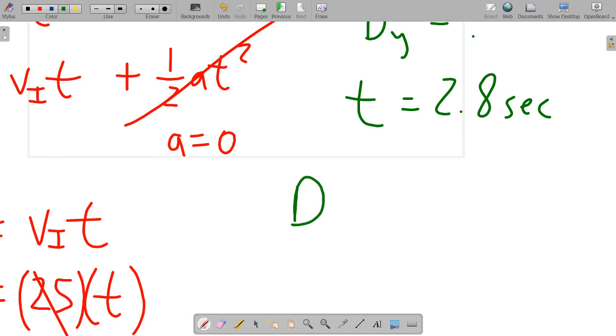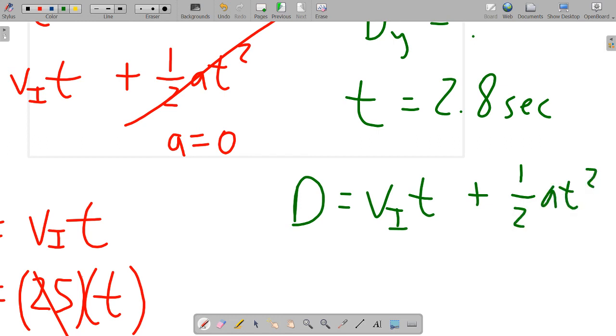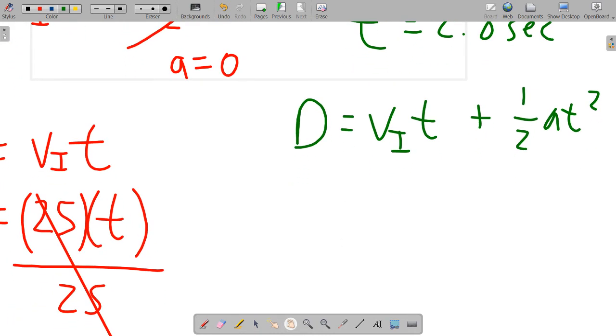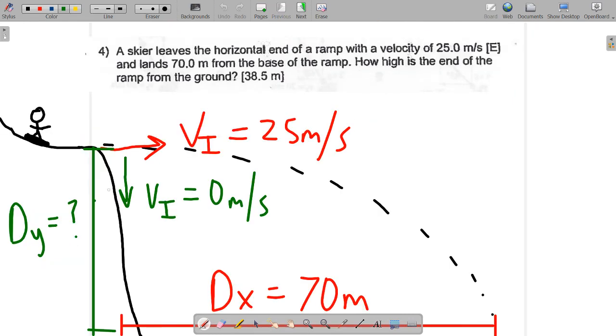We're trying to find the displacement in y. So let's write our displacement equation, because we know it. Now the question is, what is the initial velocity in the y direction? Remember, the moment the skier left the ramp, for that brief moment in time, its initial velocity was 0.